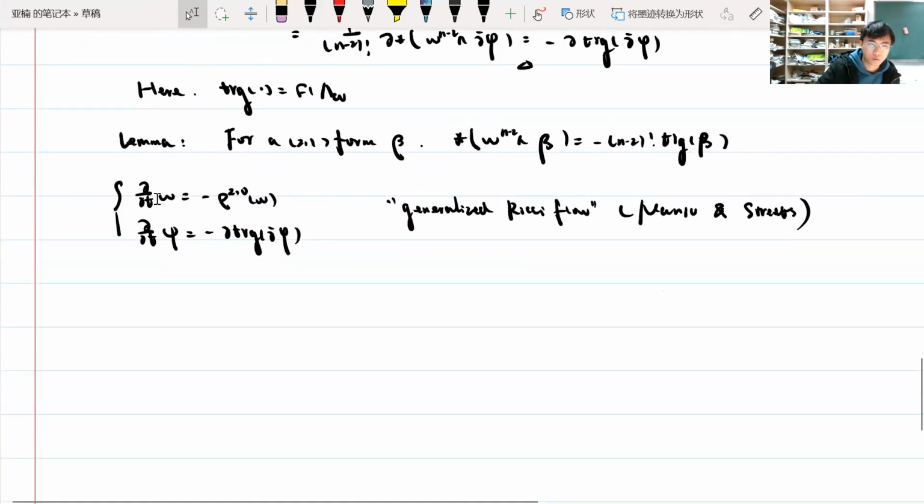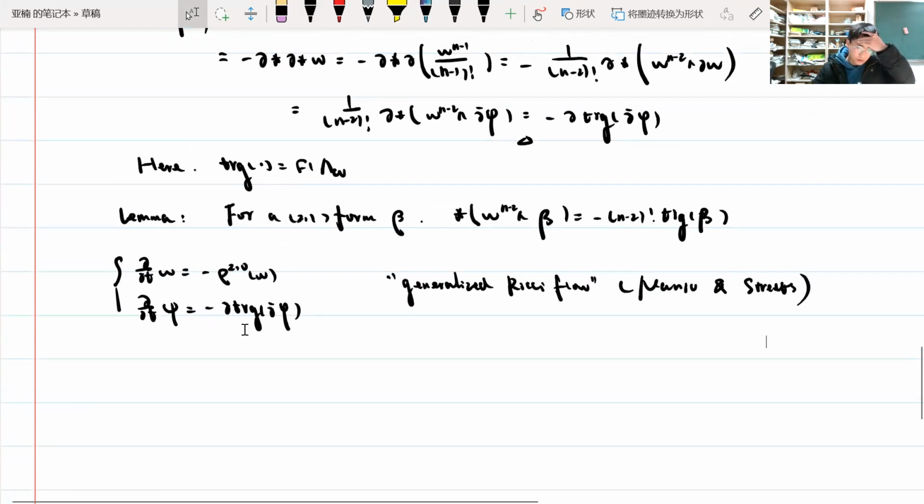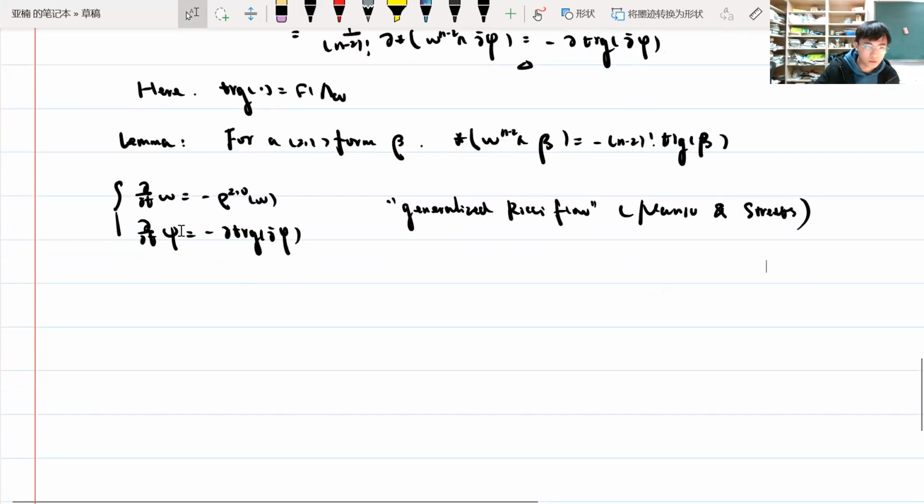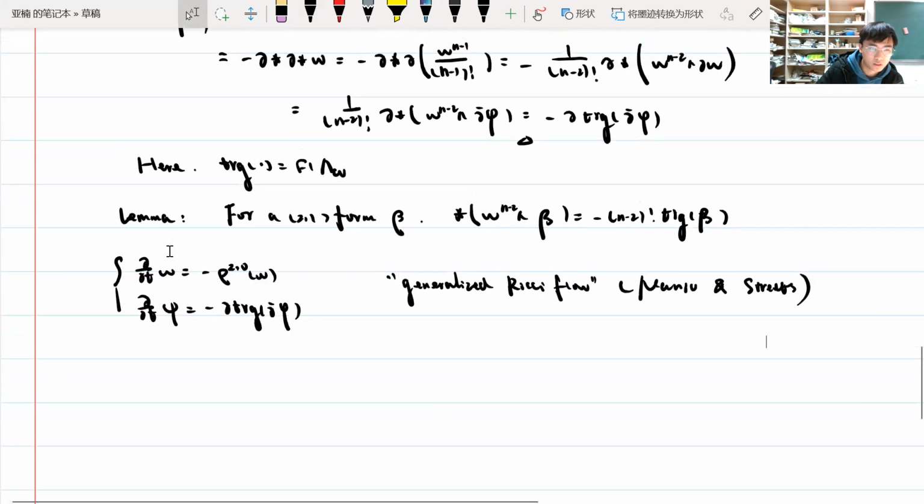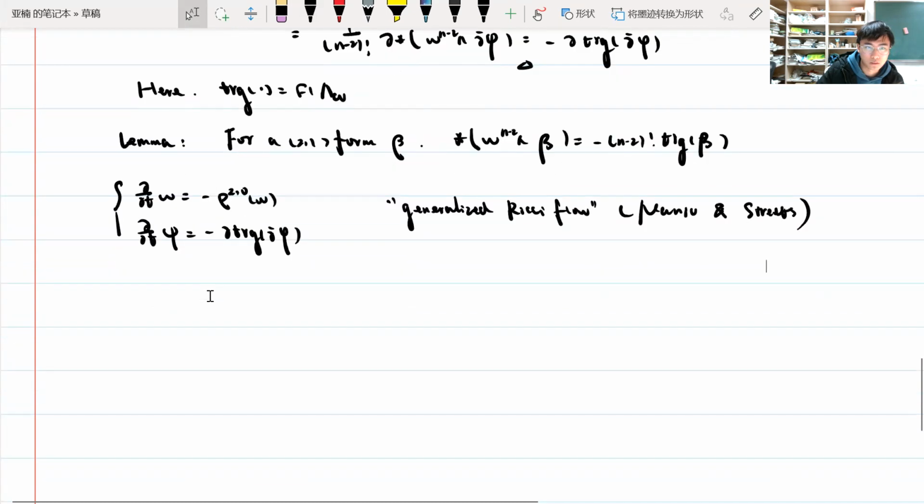They consider the closed flow coupled with the evolution equation of the 2,0 form. And this is just a special case. And here we have a more precise relationship between the 1,1 part and the 2,0 part.